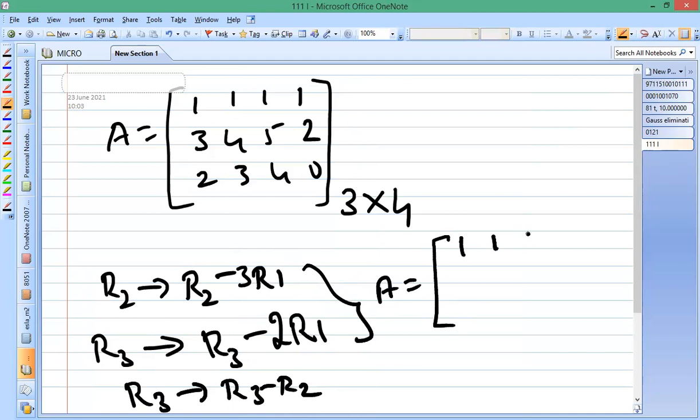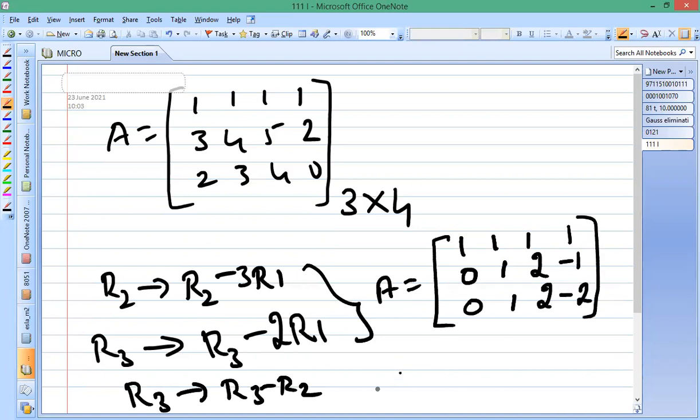So 1 1 1 1 remains the same, and R2 minus 3R1 gives 0 1 2 minus 1, the second row elements. Next R3 minus 2R1 gives 0 1 2 minus 2.